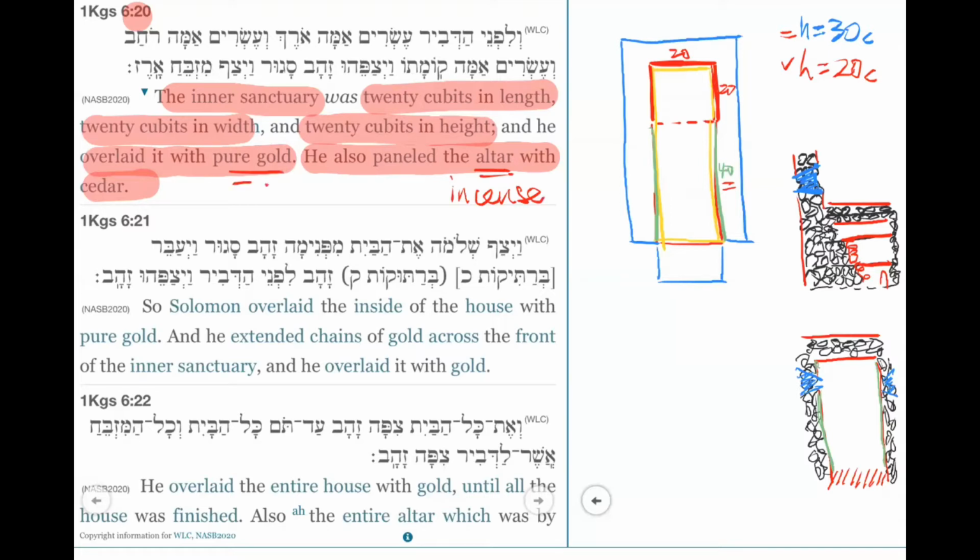Pure gold. The idea of pure gold is, I guess, the highest quality of gold. And it is laid on the inside, right? Laid on the inside of the sanctuary. The inside is all gold. Verse 21.